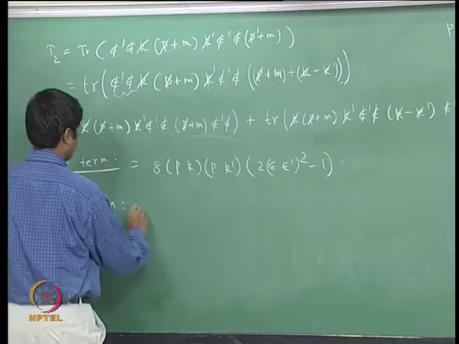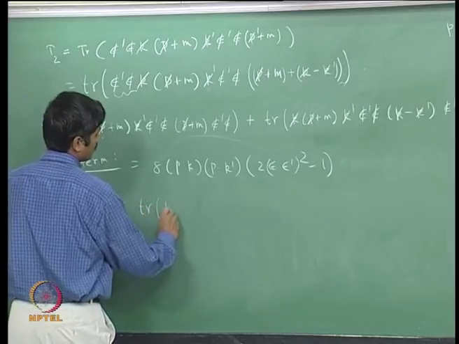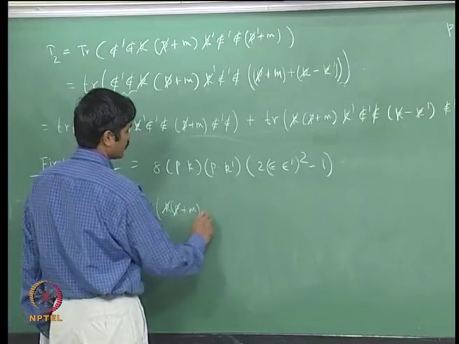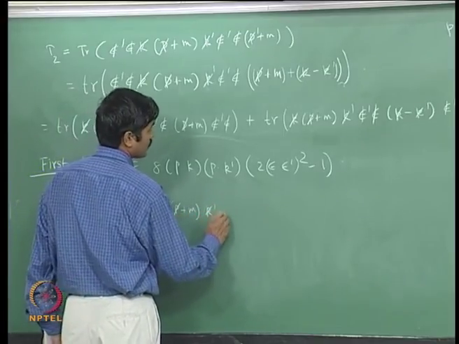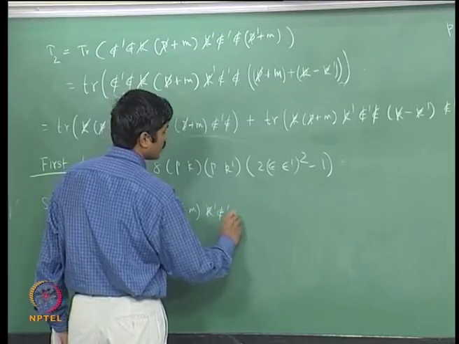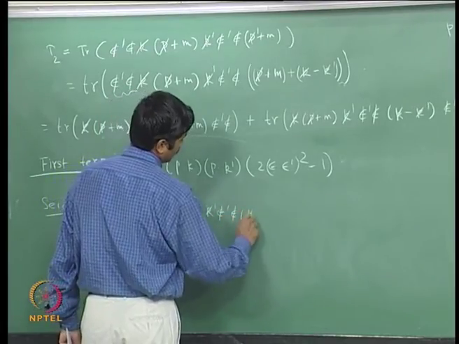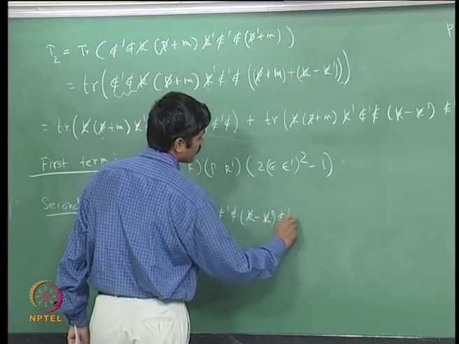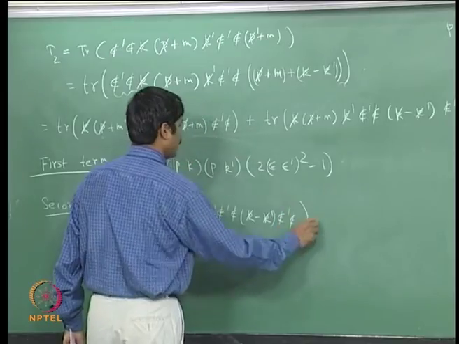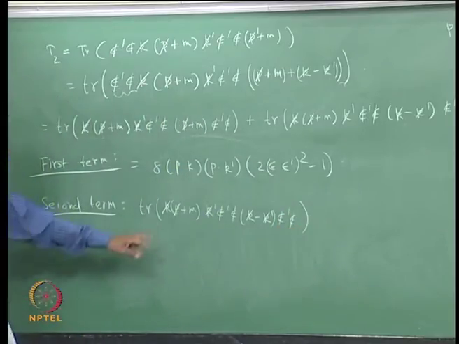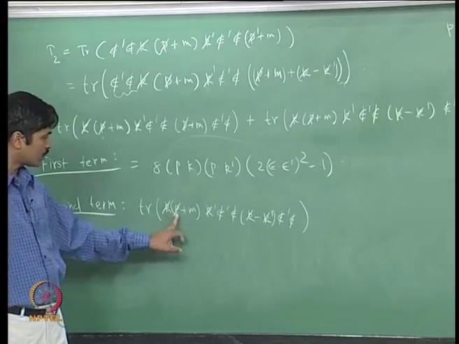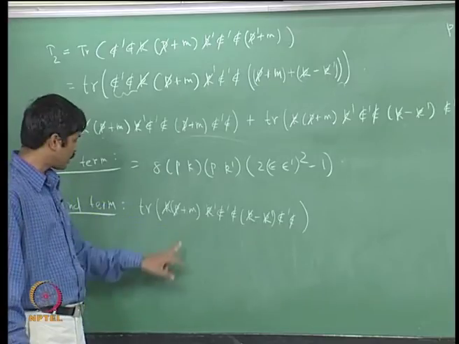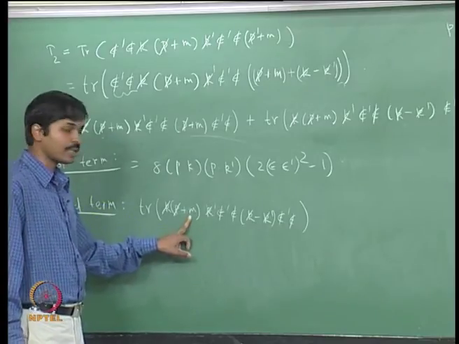It is trace k slash p slash plus m k prime slash epsilon slash k slash minus k prime slash epsilon prime slash epsilon slash. Okay. Again, you see this involves two terms, one with p slash contains 8 gamma matrices, but the one with m contains 7 gamma matrices.